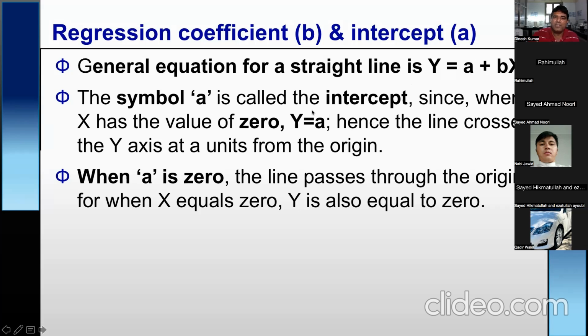It is when x is 0. So y is equal to a. Hence the line crosses the y-axis at a units from the origin. This line will start from a. When a is 0, the line will start from the point of origin. You could understand.